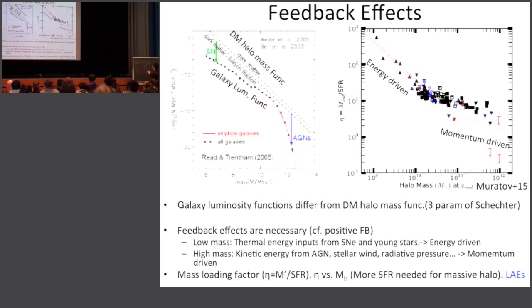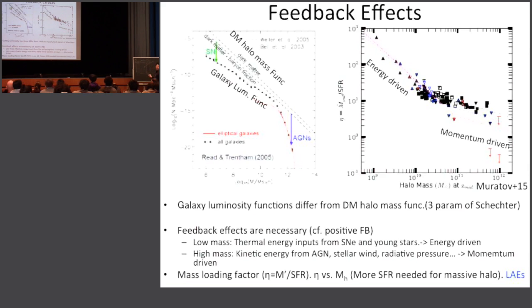And this is steep because this is driven by the energy. In other words, square of the velocity, it's proportional to the square of the circular velocity of the halo. So it's steep.